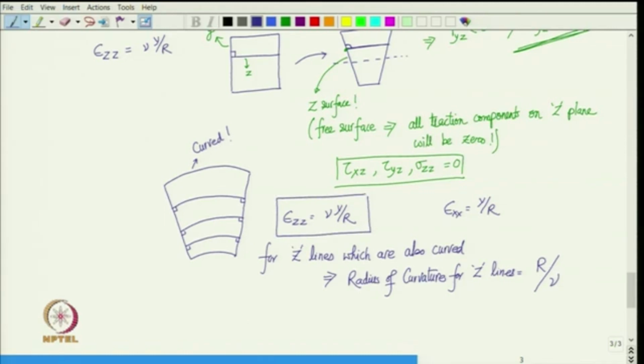The strain has to be y divided by the radius of curvature, and in this case it becomes big R by nu.